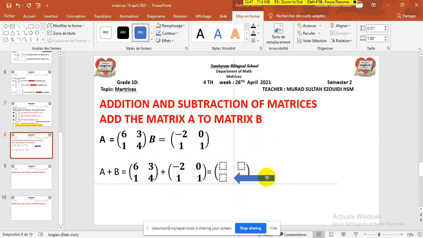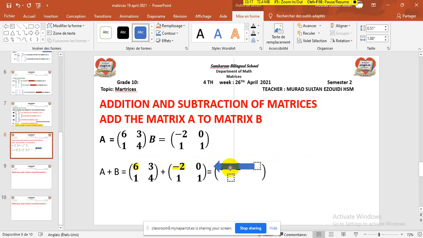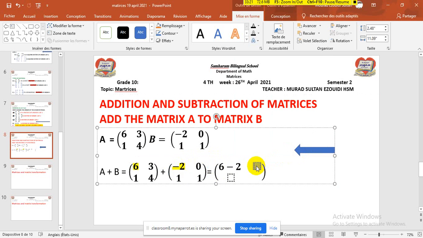To find the total of these two matrices, you will just make 6 plus negative 2 in the first square. Then the second one will be 3 plus 0.